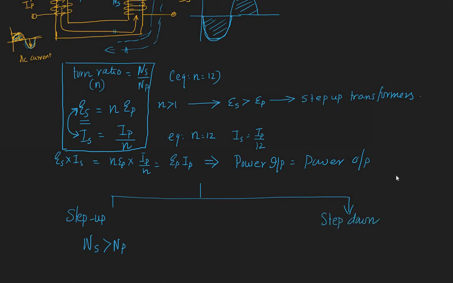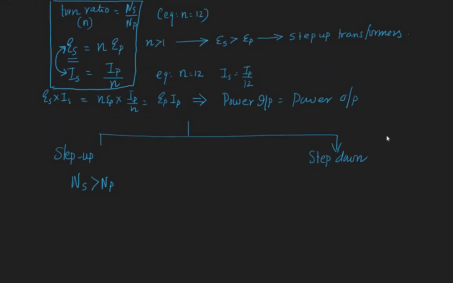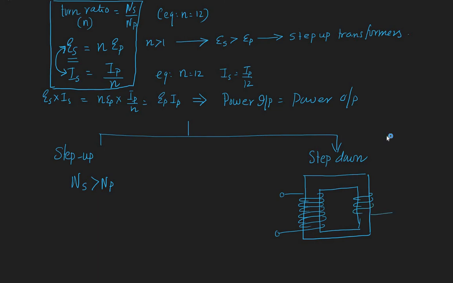Now in a step-down transformer, the transformer looks exactly the same, but your primary coils are more than the secondary. You have a larger number of primary turns, but your secondary is much lesser.